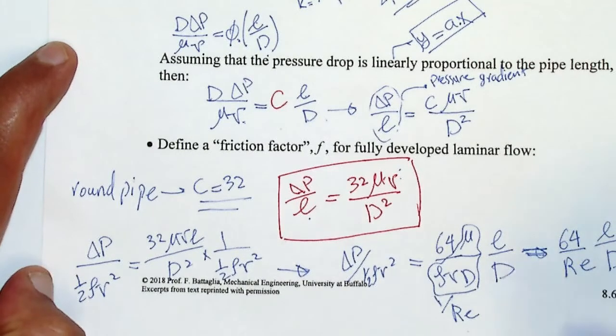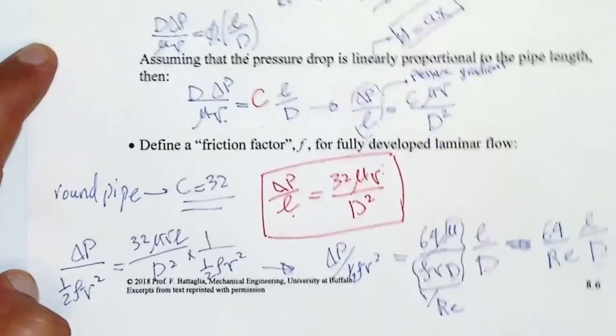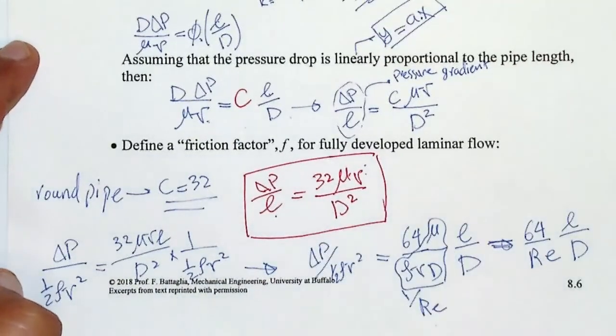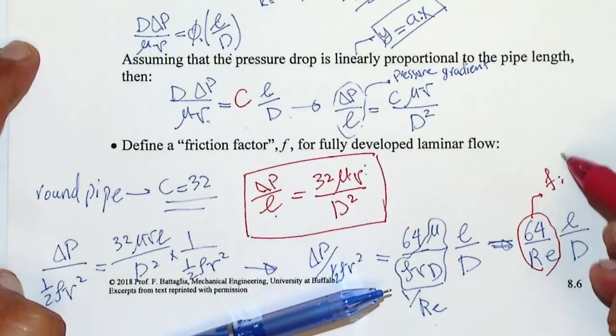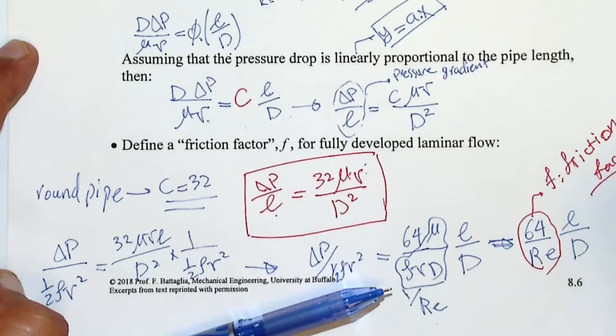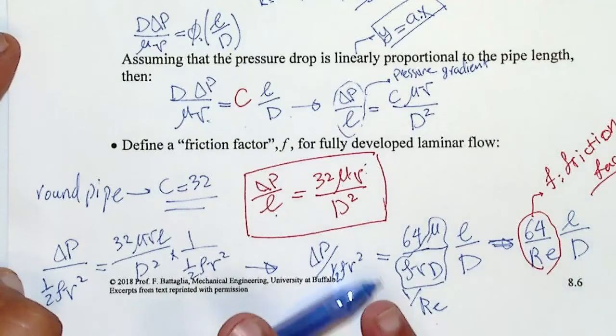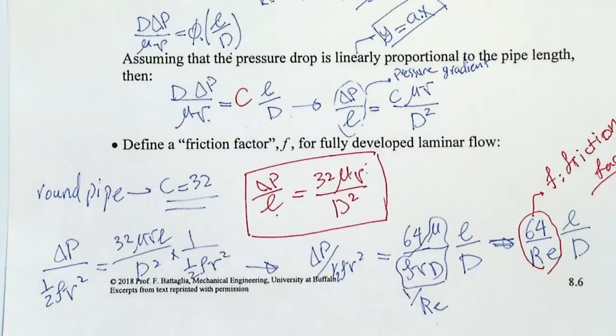Okay. Why are we doing that? Because we are going to put a name for it, which is F for friction factor. For laminar flow, this 64 over Reynolds is going to be your friction factor. Okay, it means that delta P by itself depends on the velocity profile.